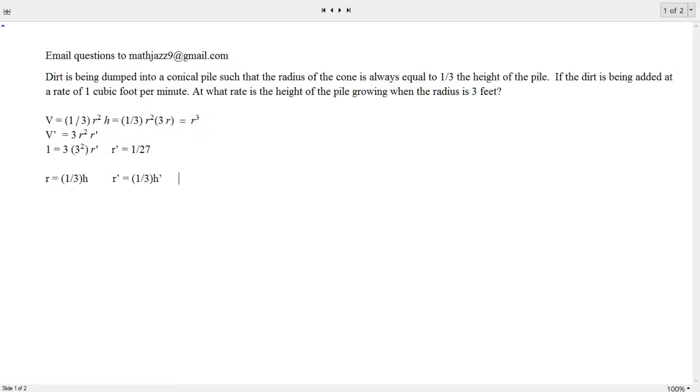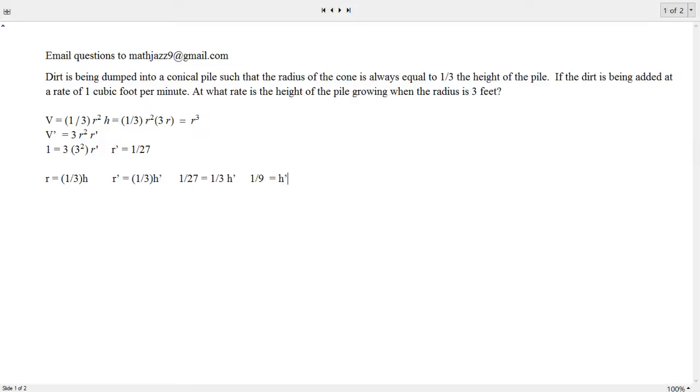So 1 over 27 is equal to 1/3 of the derivative of the height. We multiply both sides by 3 to get 1/9 is equal to the derivative of the height. So when the radius is 3 feet, the height is growing by 1/9 of a foot every minute. 1/3 of a foot is 4 inches, so 1/9 of a foot is 4/3 of an inch.